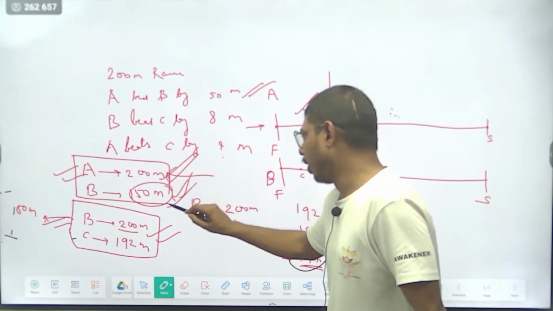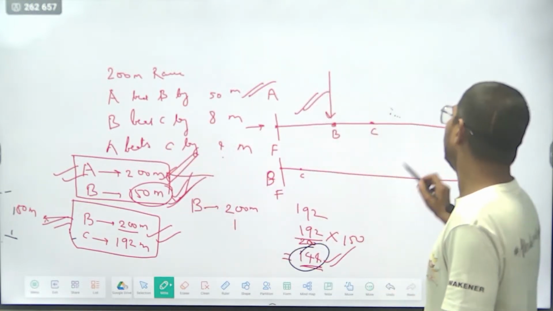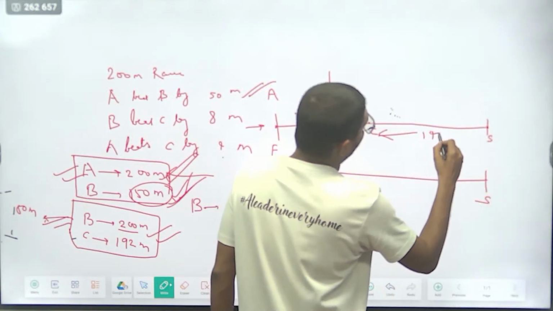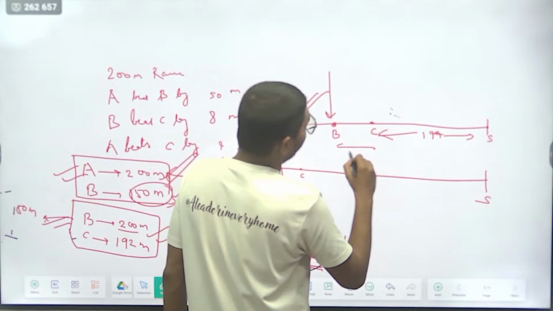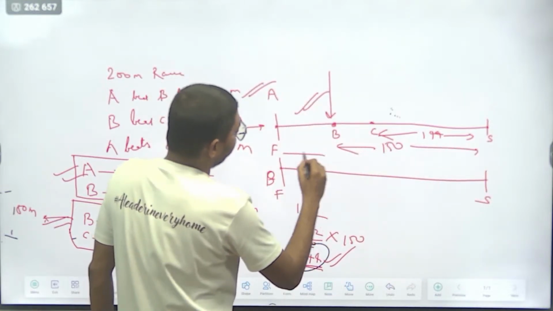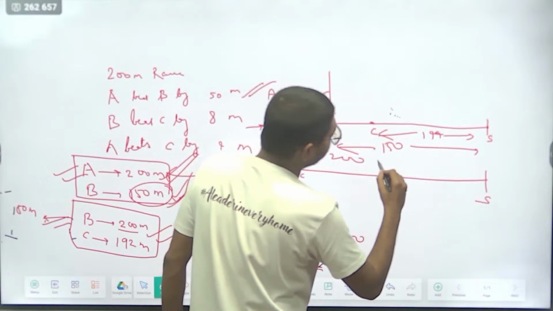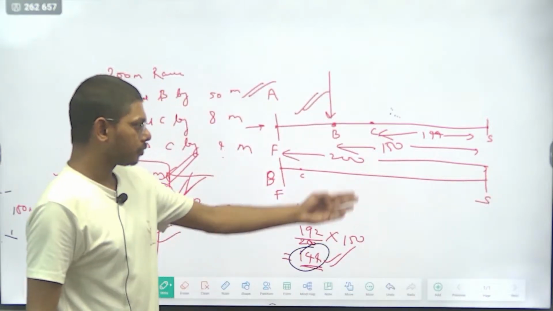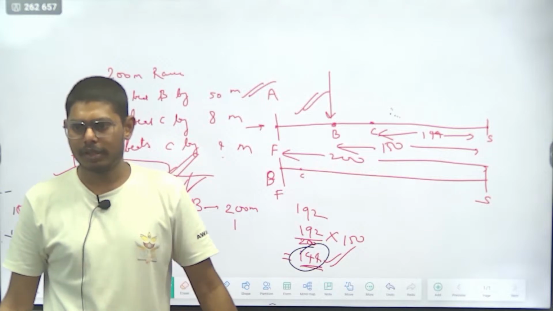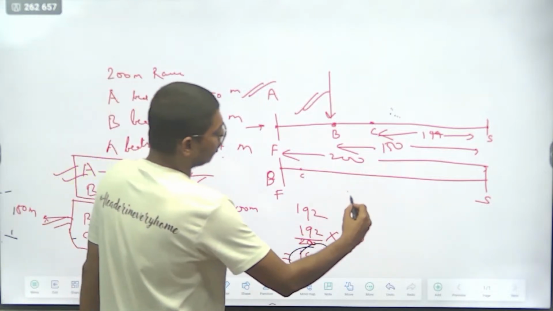B has traveled 150 meters and C has traveled 144 meters. C is over here at 144, B is over here at 150, and this is 200. So what is the gap between A and C? 56. So that is the answer.